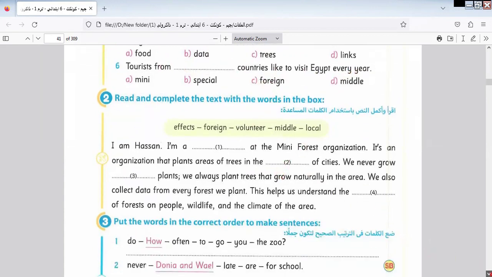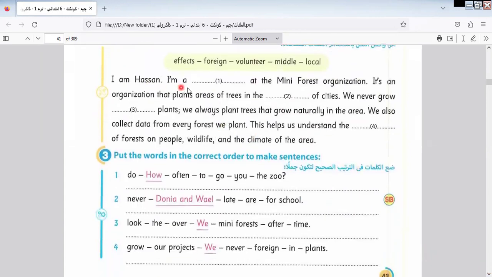The next question. I'm Hassan. I'm a volunteer at the Many Forest organization. It's an organization that plants areas of trees in the middle of cities.